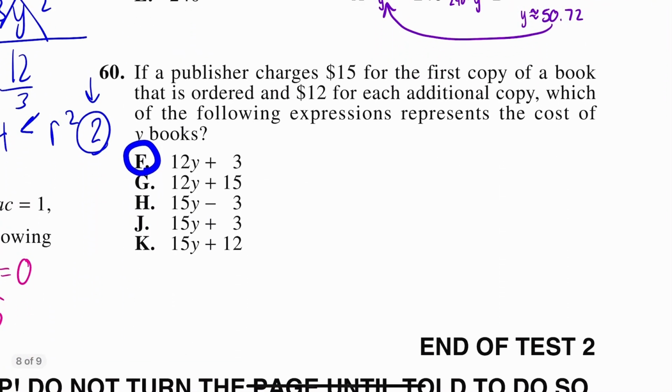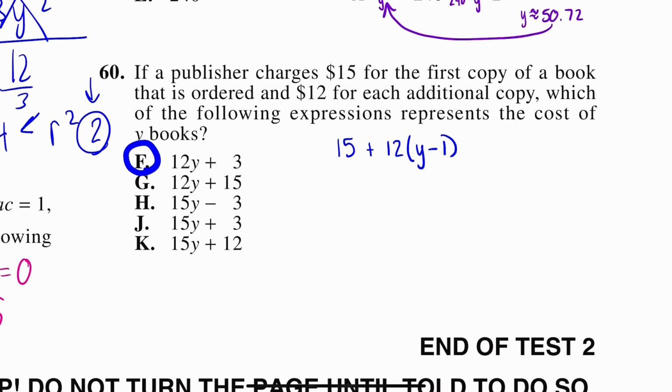Last one. If a publisher charges $15 for the first copy of a book that is ordered and then $12 for each additional copy, which of the following expressions represents the cost of Y books? Okay, so our first book was $15 plus 12 times Y books, where Y is the number, minus the first book that we bought because the first book was $15.